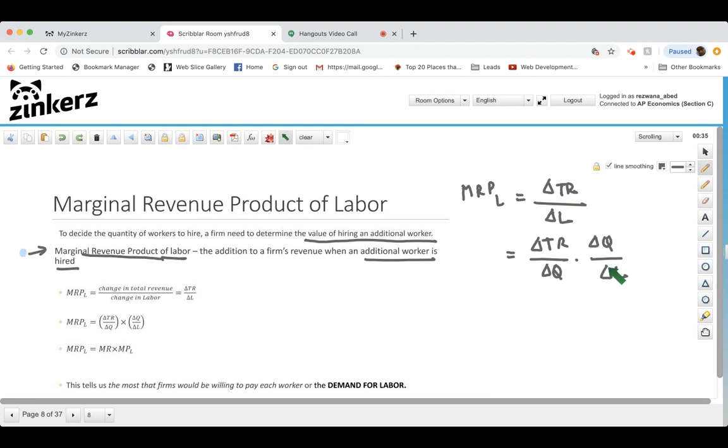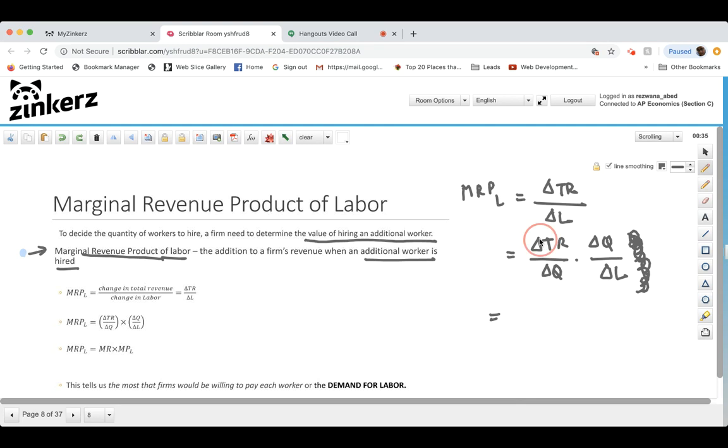But now I have introduced some terminologies that I am familiar with. The change in total revenue divided by the change in quantity, we know what this is. And we also know what the change in quantity divided by the change in labor is. We have seen both of these terms before. You may not remember them, but we have.